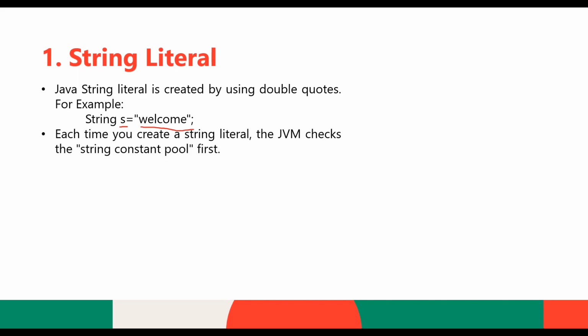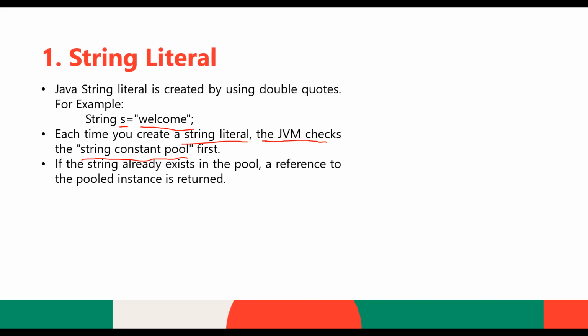Each time you create a string literal, the JVM, that is the Java Virtual Machine, checks the string constant pool. What is the string constant pool? It is a special memory area where strings are stored. As you assign "welcome" to s, the JVM will check this constant pool.